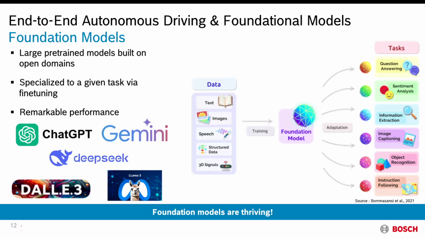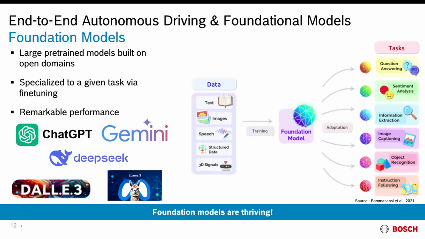Okay, so we had those key issues, but what are the remedies that we can think of? Now, as mentioned, we are in the age of the foundation models, and I'm sure you're all familiar with using ChatGPT. Now DeepSeek is very popular. You have DALL-E, you have Llama. These models are trained on a large amount of data, like publicly available data, or some companies of course have large-scale private data as well.